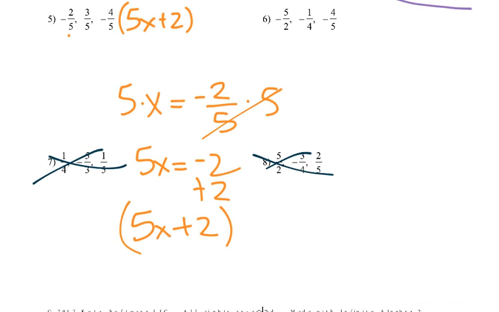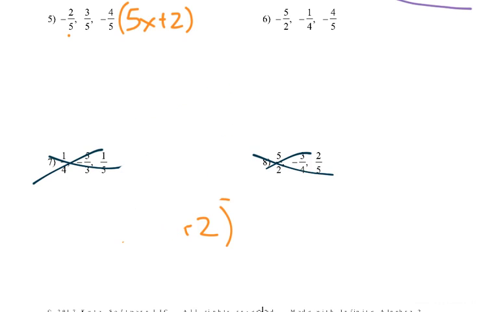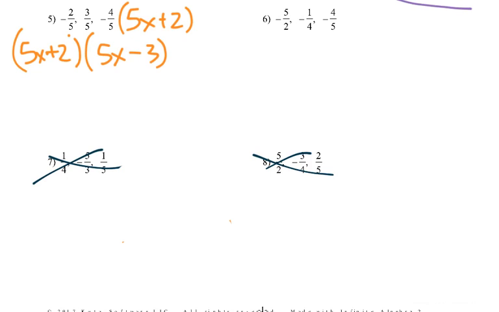So that pattern goes like that. The denominator is the x value, so I get 5x plus 2. Then I'd have 5x minus 3, because that's a positive; we do the opposite. And then 5x plus 4, and it would look like that.